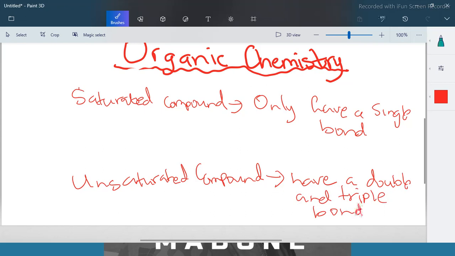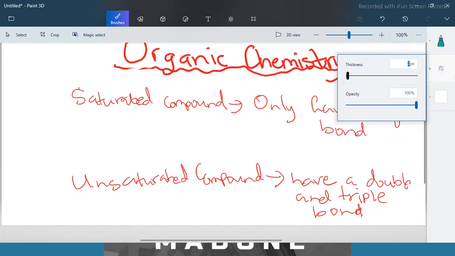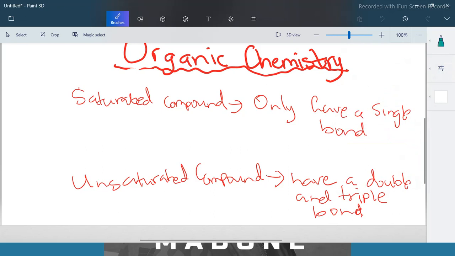A saturated compound is usually having a single bond, mostly alkanes, and an unsaturated compound is mostly alkynes and alkenes because they have double and triple bonds. It's not important as much, but it's important if you want to get good marks because they might ask this for 2 marks, so it's important for you to define that.